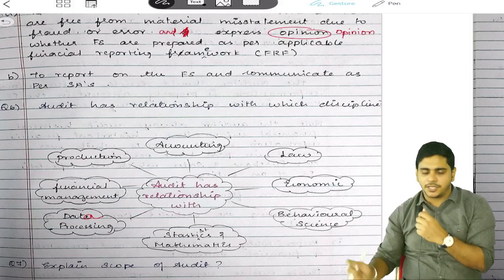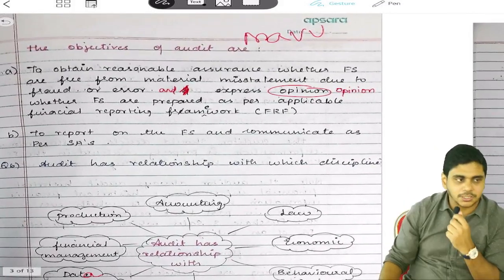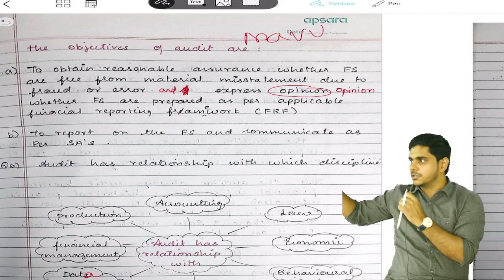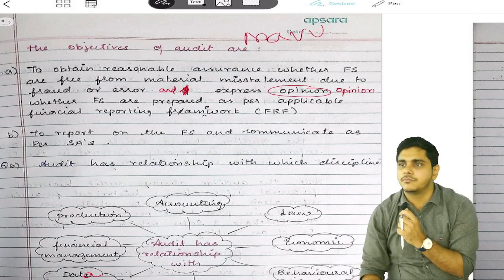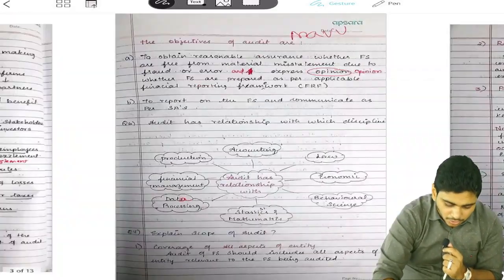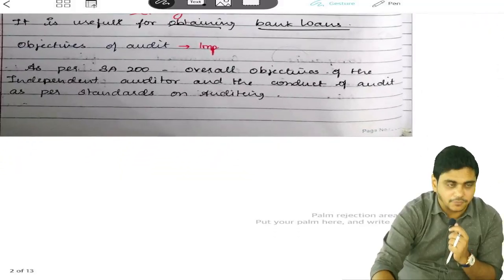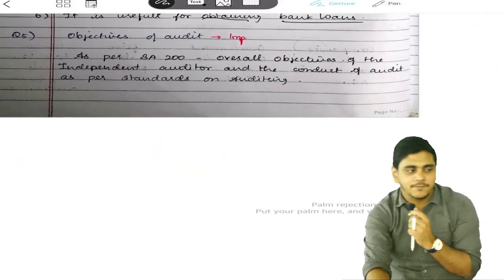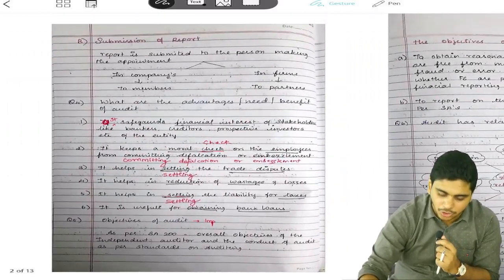Very repetitive, very important answer. What are the objectives of the auditor? Now listen, why do we do audit? These are the two reasons. Where is the objective written? SA 200. What is the name of SA 200? Overall objectives of the independent auditor and conduct of audit as per standards on auditing.